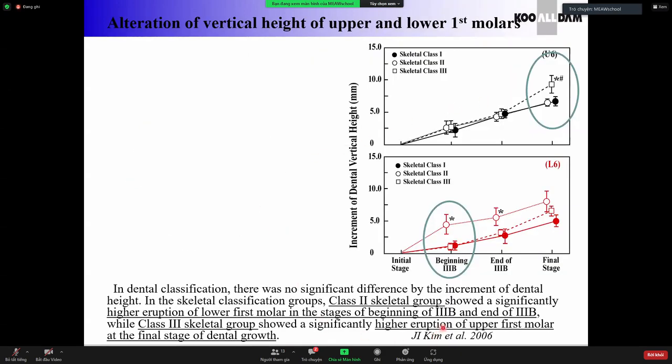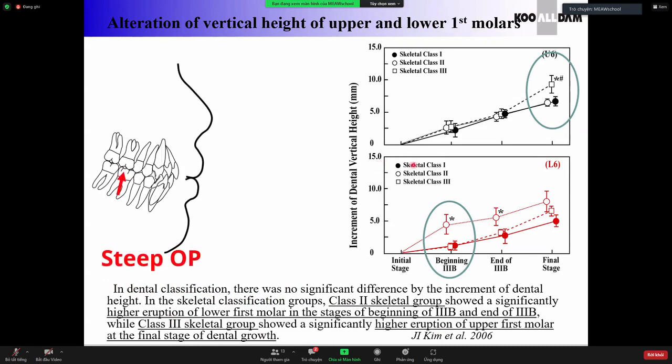This is my data. In dental classification, I wanted to check class 1, 2, 3 malocclusion and upper molar extrusion and lower molar extrusion. In dental classification, there is no significant difference.